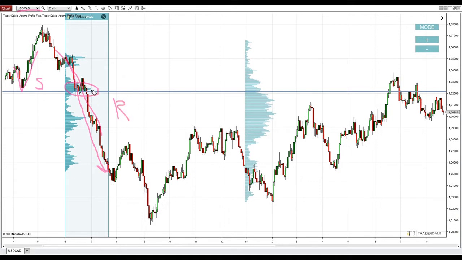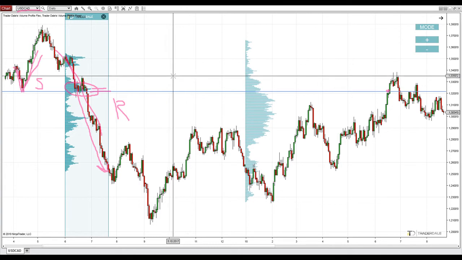The level is not exactly at the heaviest volumes, but it's a little bit lower because of this reaction. After quite a long time, after many months, the price hit the level, went past it, and the stop loss was in here at the swing point. This was the stop loss area, this was the line which I marked in the chart.